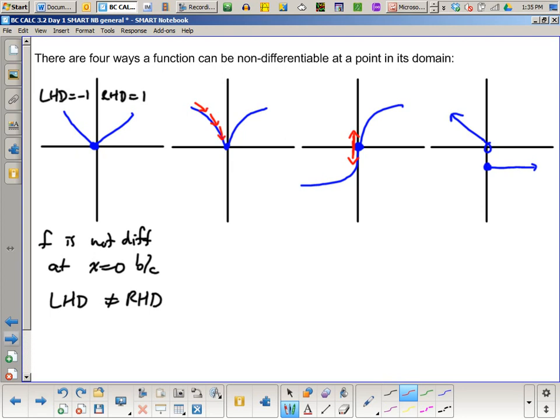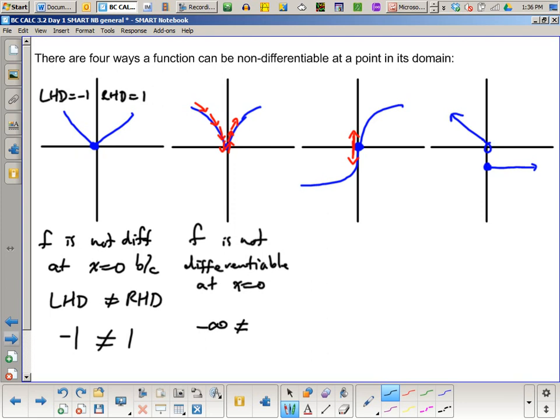On this next one, it's almost the same idea. These slopes are getting closer to -infinity, but coming out of the right side, they are basically starting at infinity and decreasing. So we would say that f is not differentiable at 0. In the first case, it was because -1 is not equal to 1, but in this case, it's because -infinity is not the same as +infinity, see?